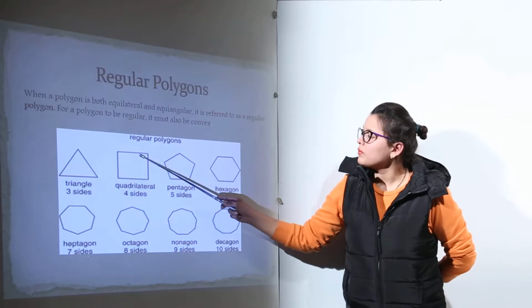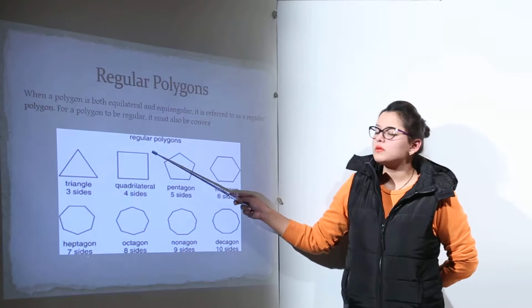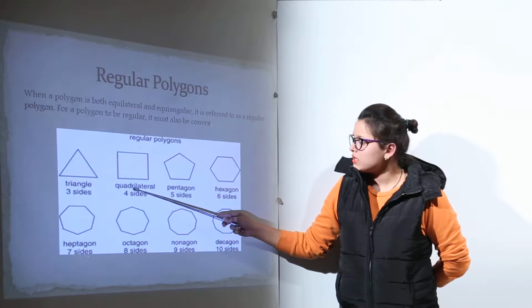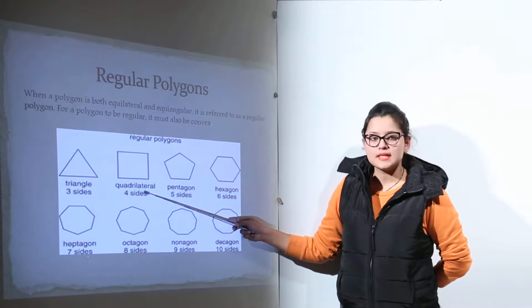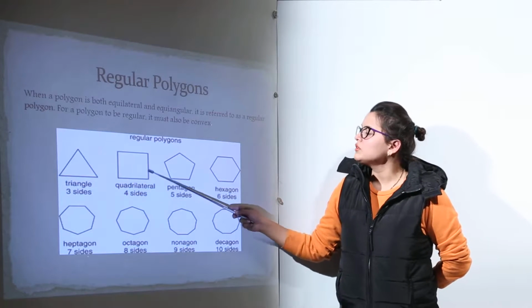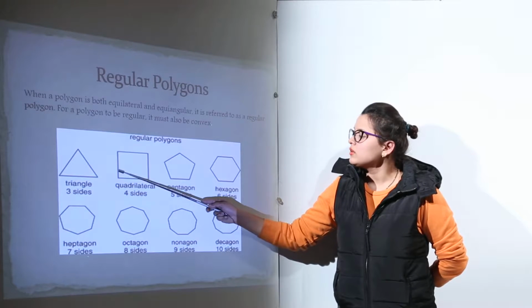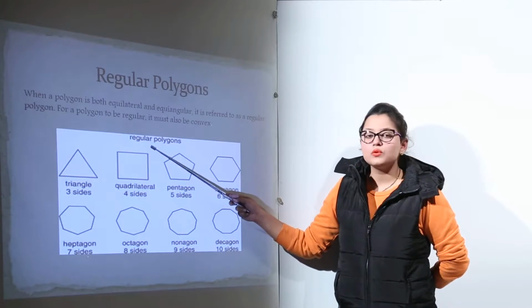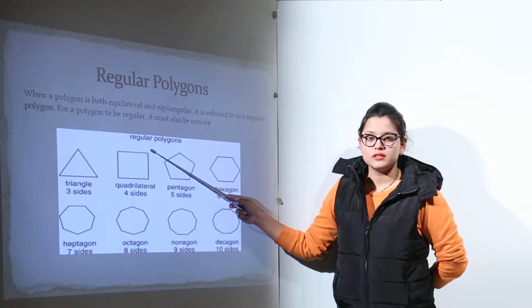Similarly, this is a four-sided polygon, so we have named it a quadrilateral. Quadri means four and lateral means sides. In this four-sided polygon, all the four sides are equal and all the four angles are also equal. So, this is also coming into the category of regular polygons.